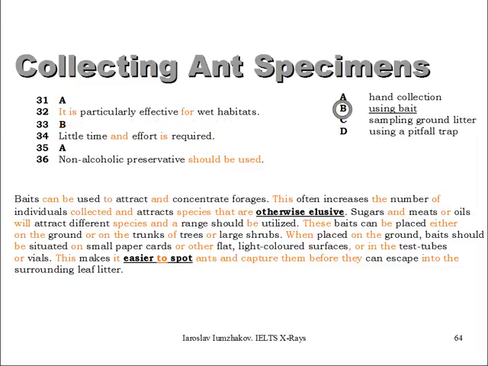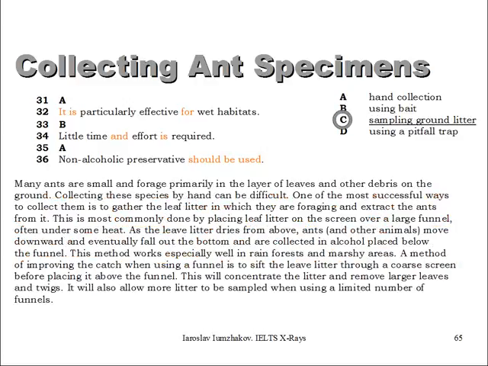Next, C. Sampling ground litter. So you should train your skill of prioritization. It means that here you should scan the paragraph paying attention only to odd words. And we come across a sentence: this method works especially well in rainforests and marshy areas.